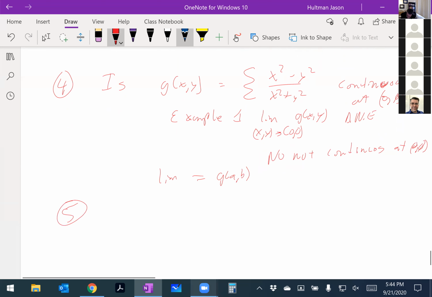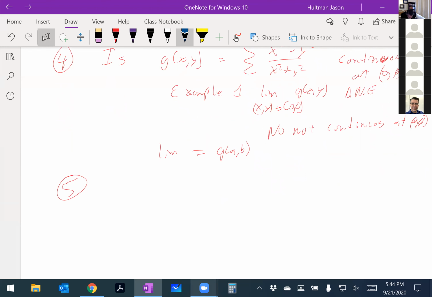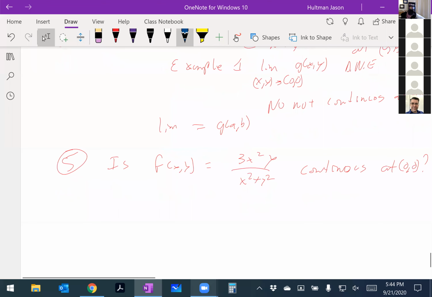Let's do the last one here real quick. 30 seconds on the clock. Is f(x, y) equal to 3x squared y over x squared plus y squared continuous at (0, 0)? Well, what was the limit as (x, y) approaches (0, 0) of this function f(x, y)?